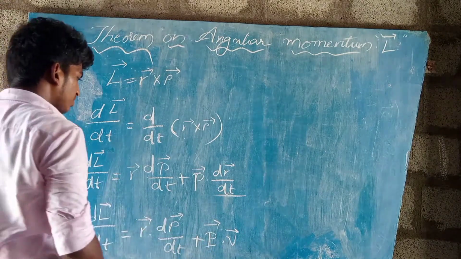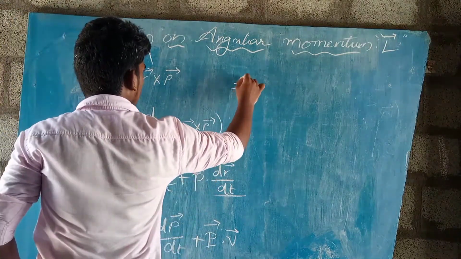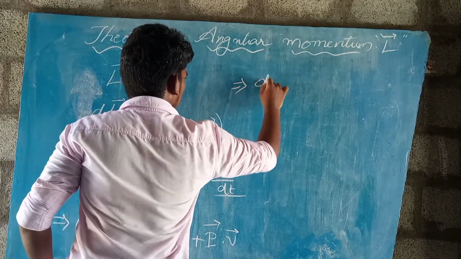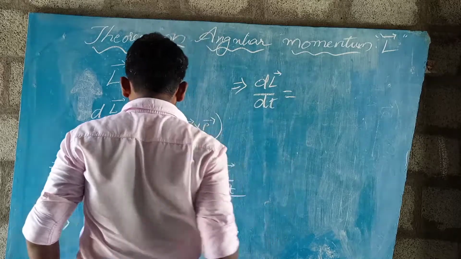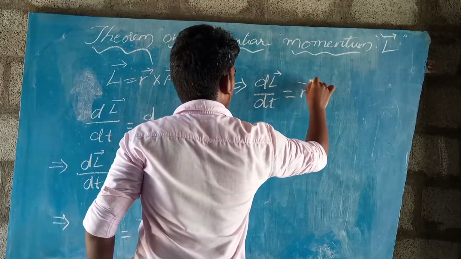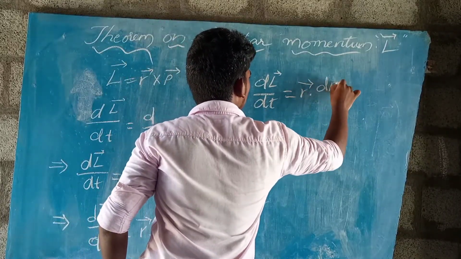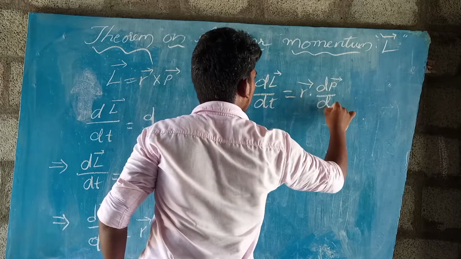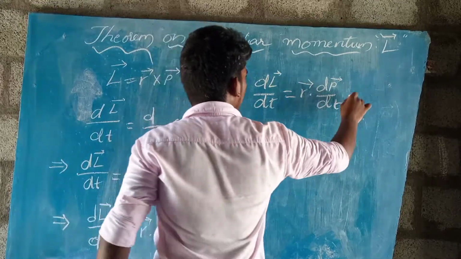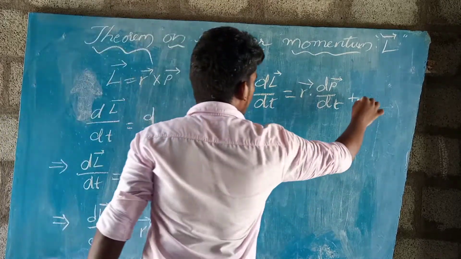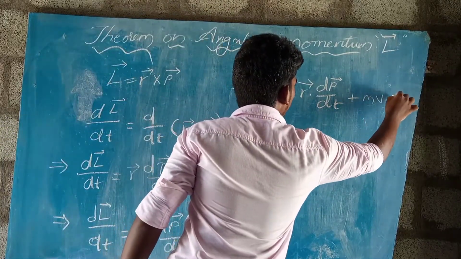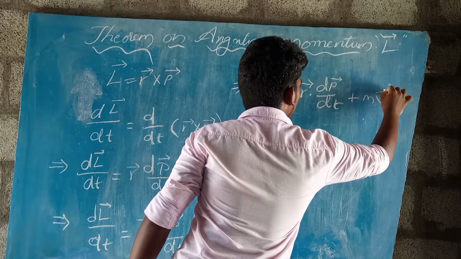This equation implies dL by dt is equal to r times dp by dt plus, as we know p is equal to mv, mv cross v.